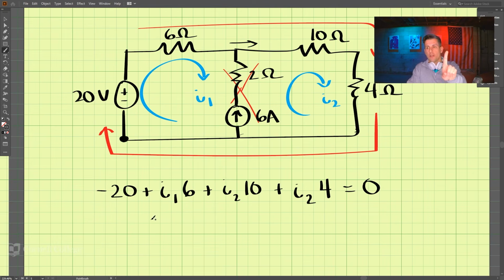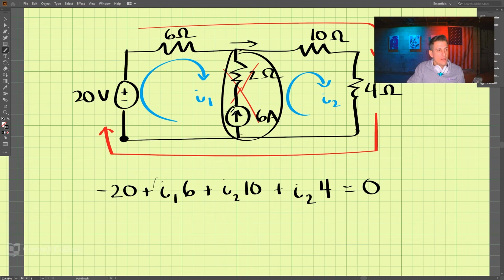Now we have one equation and two unknowns, so we need one more equation. We get that equation from right here.